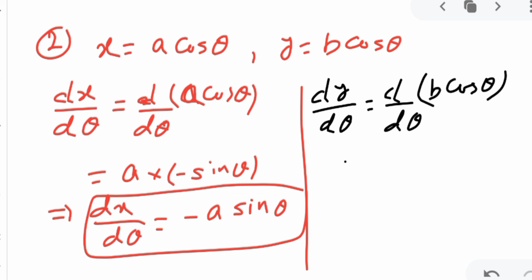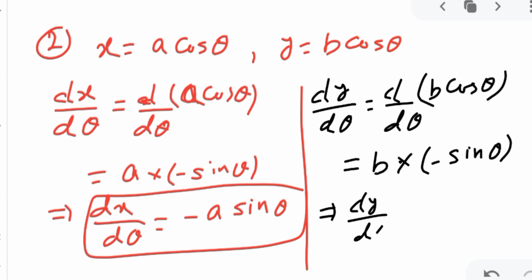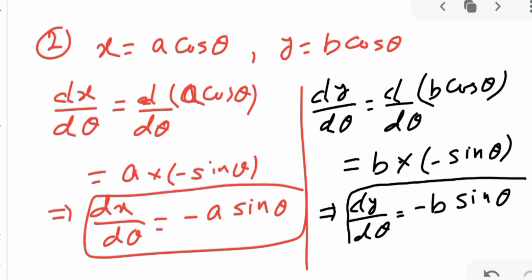B is constant, so b will come outside, and the derivative of cos theta is nothing but minus sin theta. So in this way I got dy upon d theta as minus b sin theta.